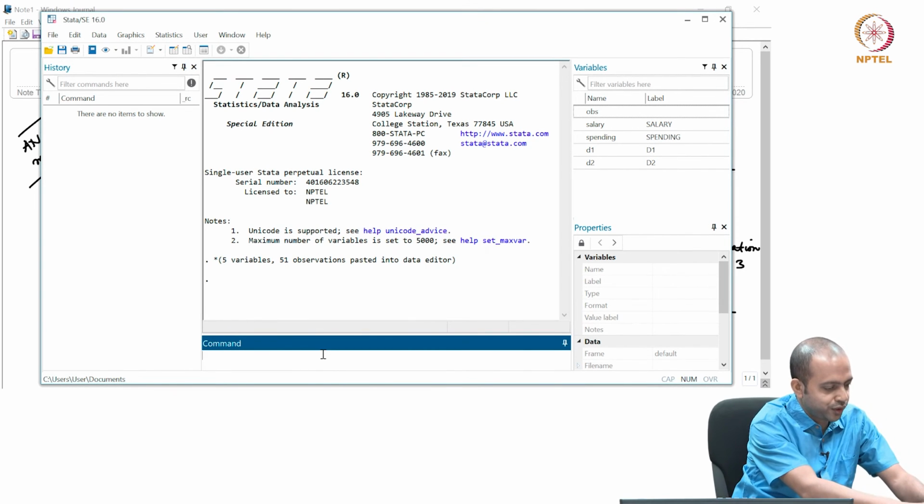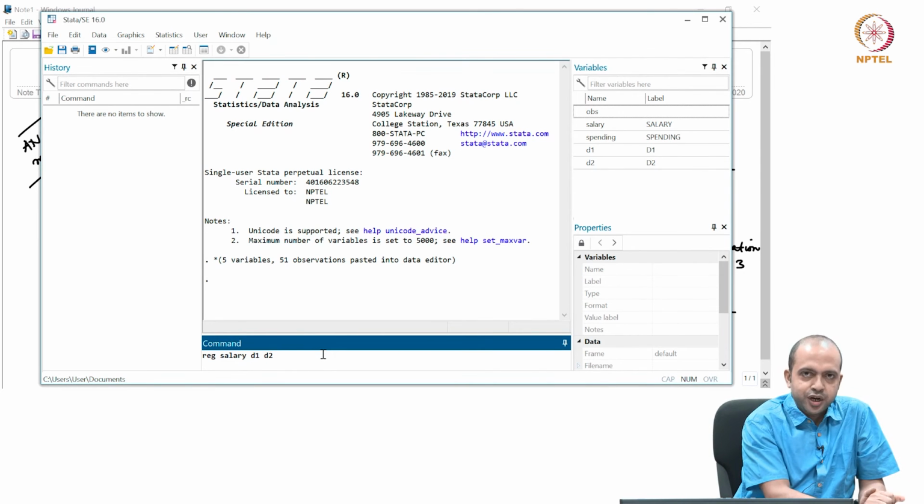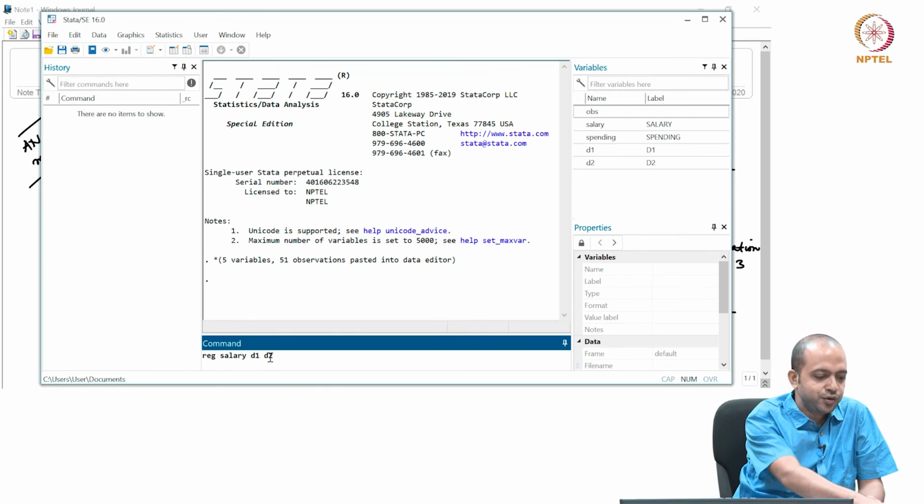What would be our command? Reg, then what is your dependent variable? Salary, and then D1 and D2. Every time you have to remember to give one space. So, first you introduce salary, space, D1, space, D2, and after that you have to press enter.